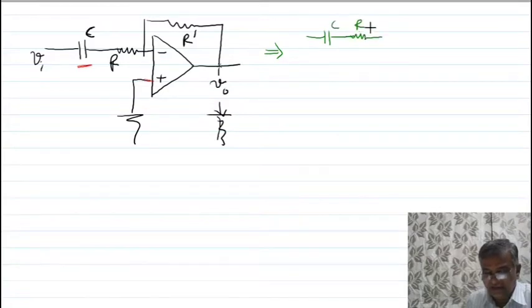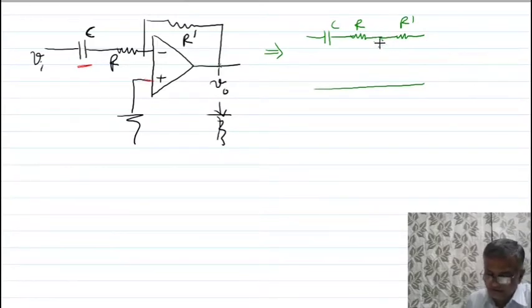In this figure the virtual ground is represented by a double headed arrow.